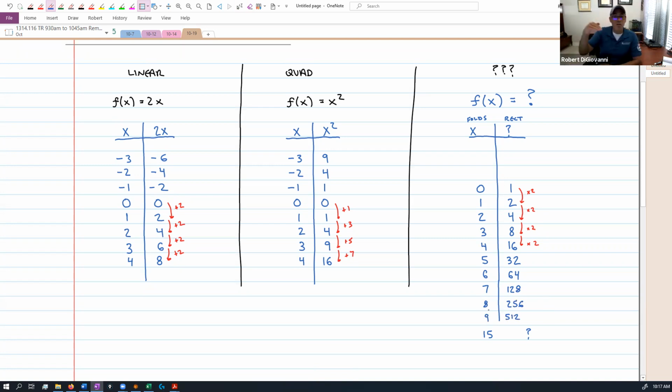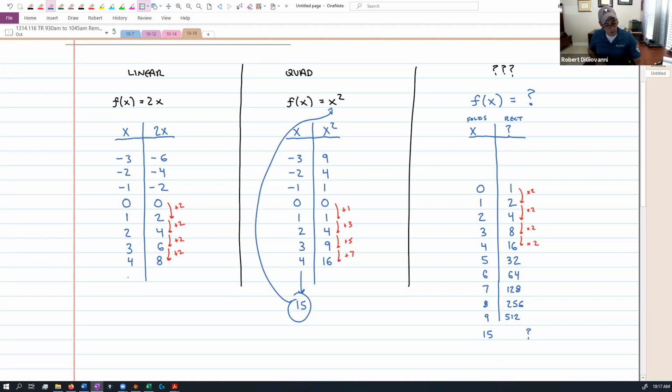But see, I have to go all the way to 15, right? That kind of sucks, that I have to complete the table. Do you understand what I'm saying? Whereas over here, if I were to ask you on these problems what happens if you plug in 15, all you have to do is take that 15 and plug it in there, right? You have a function that tells you what to do.